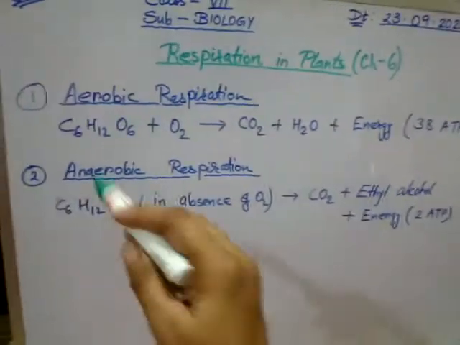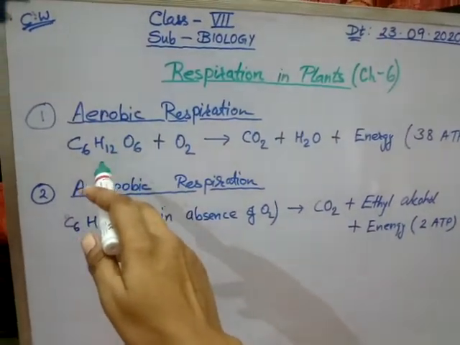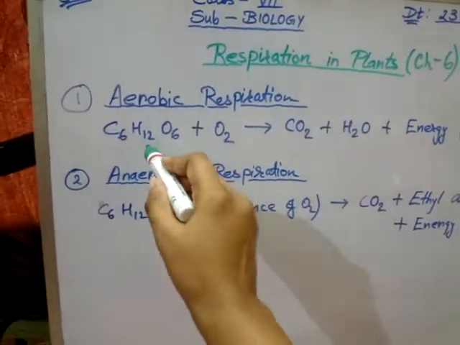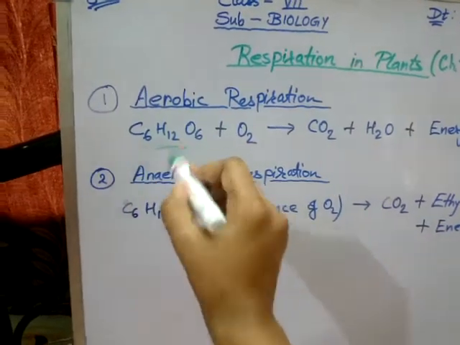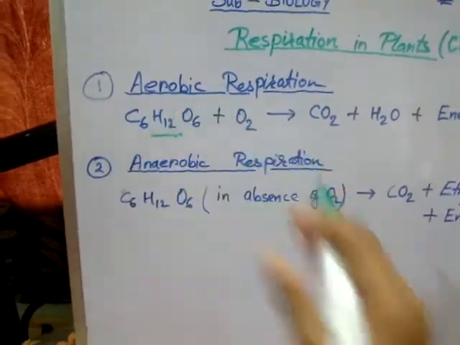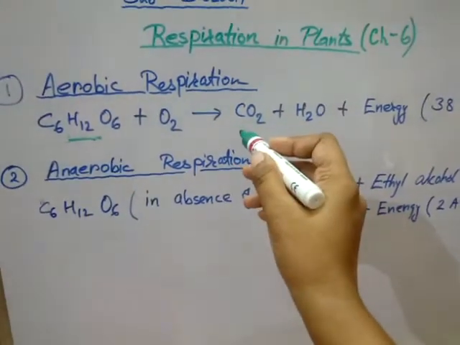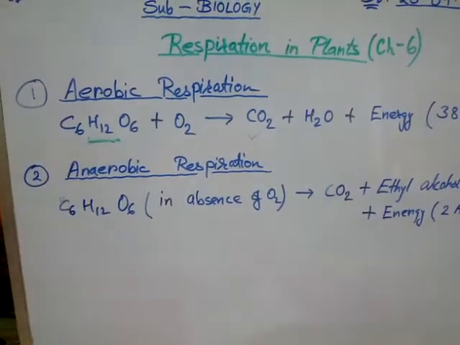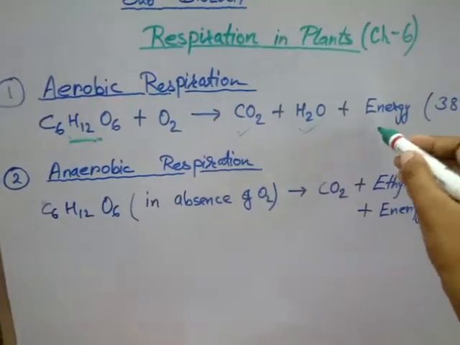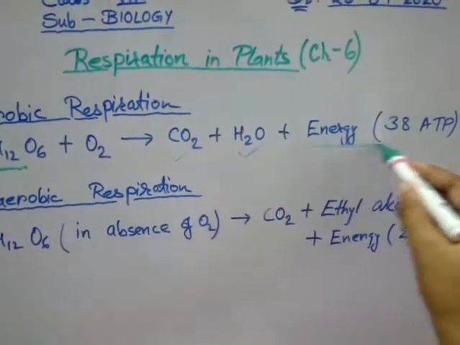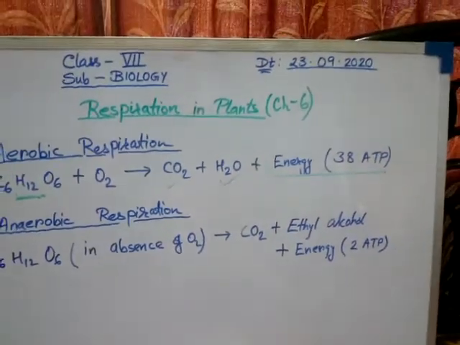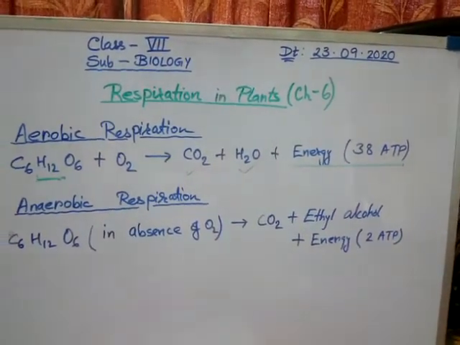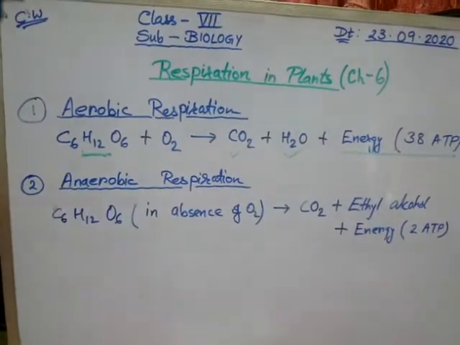I'll tell you. Here you see, aerobic respiration happens in most of the organisms. Here the complex chemical substance, glucose, is completely oxidized, and it results in the release of, as I told you, carbon dioxide, which is the byproduct waste material, and water, and it results in the release of a good amount of energy, that is 38 molecules of ATP released by the oxidation of only one molecule of glucose.